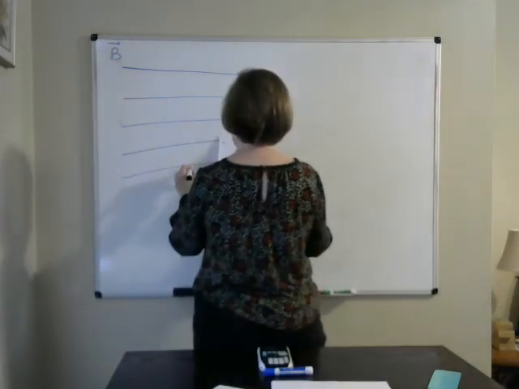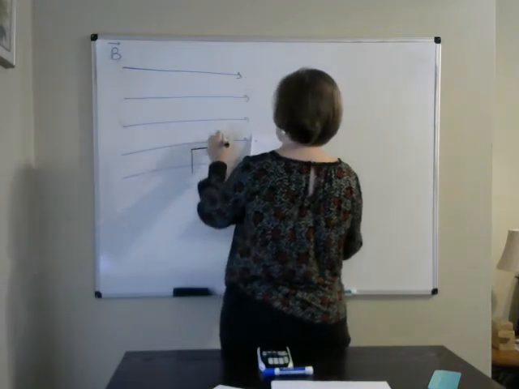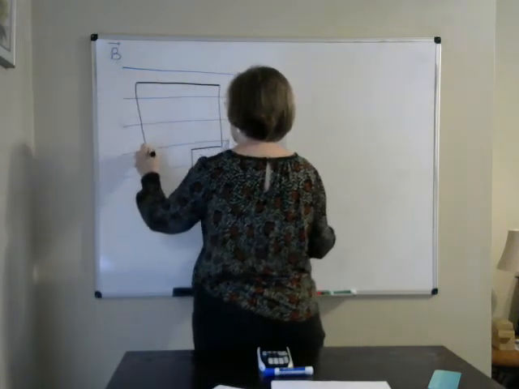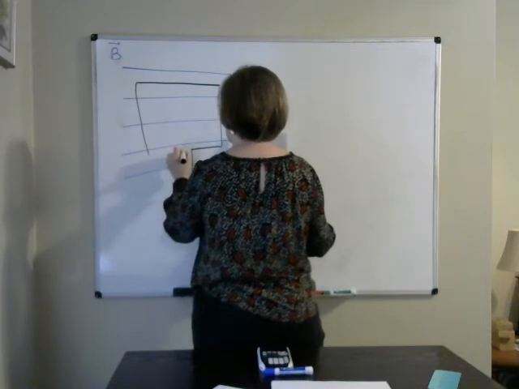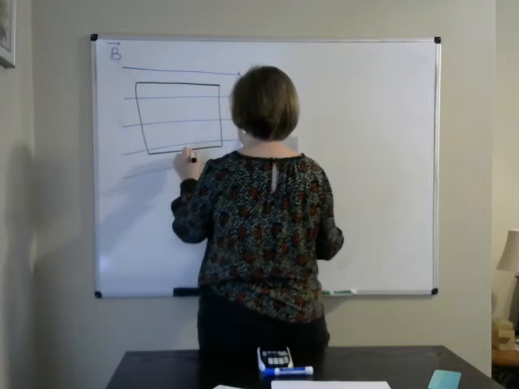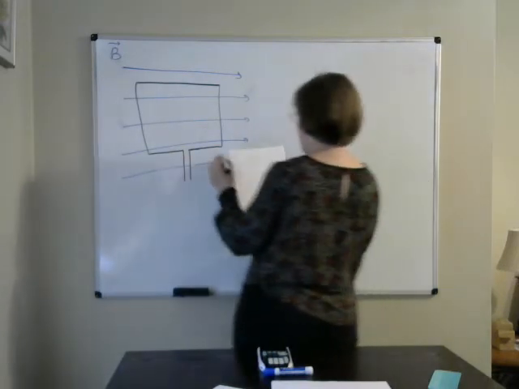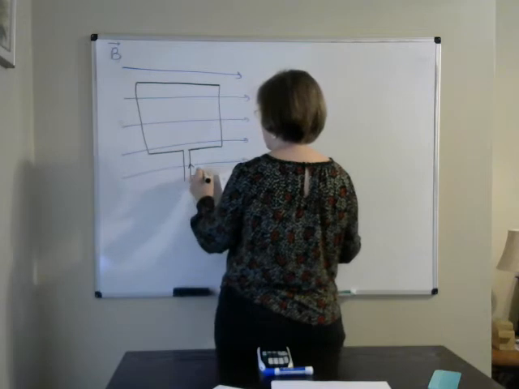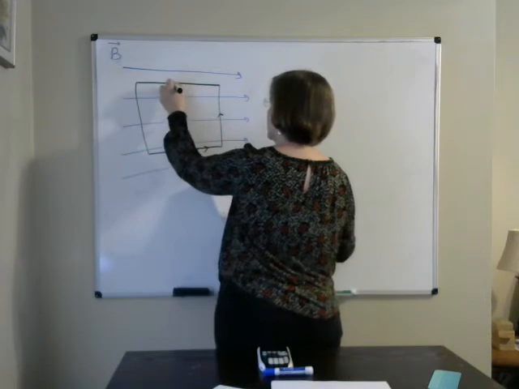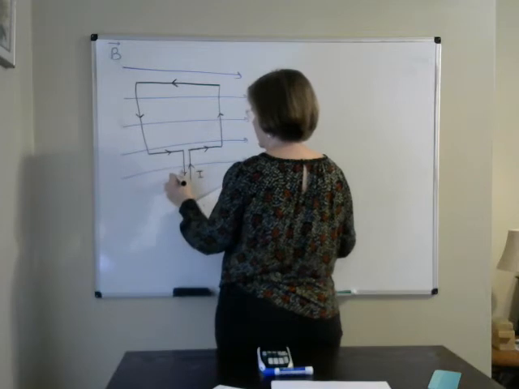So I've got this rectangular loop. I'm going to let the current go in this way. Let's follow the currents going this way, this way, this way, and finally it's going to come out here.